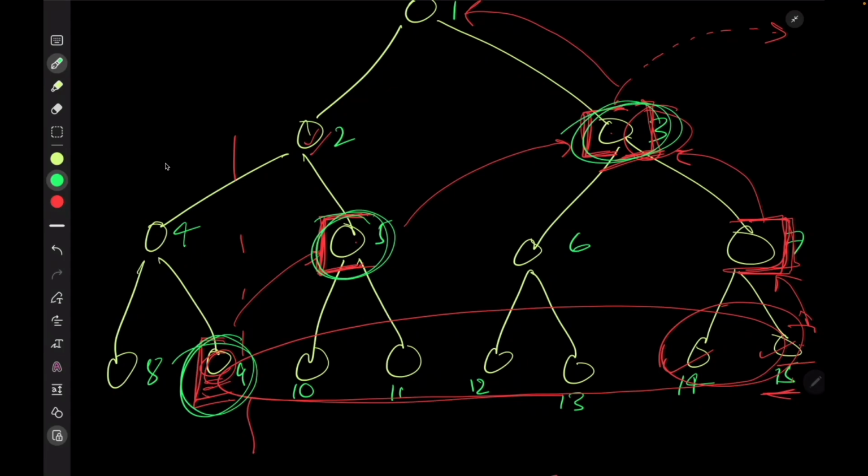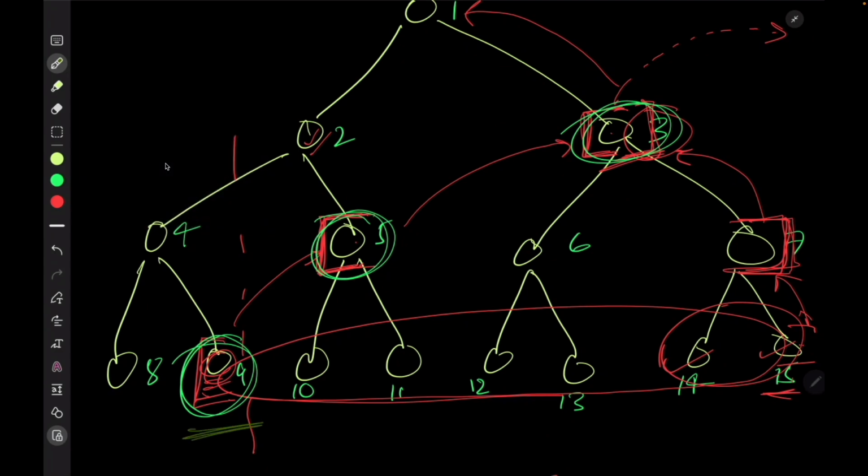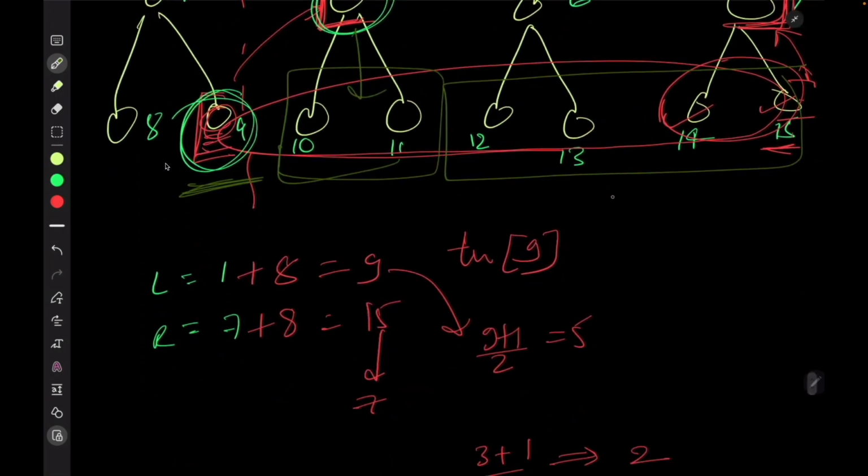Storing the values of these nodes, we stored the minimum among 9. This node gave the minimum among 10 and 11, and this node gave the minimum among 12 to 15. And in this way we did our query.